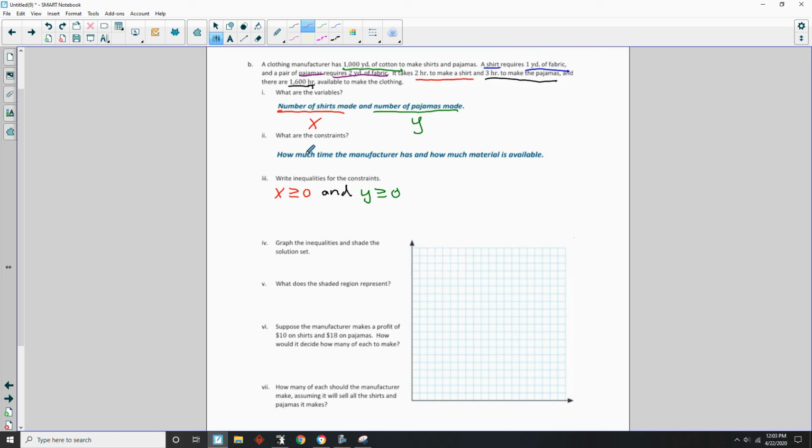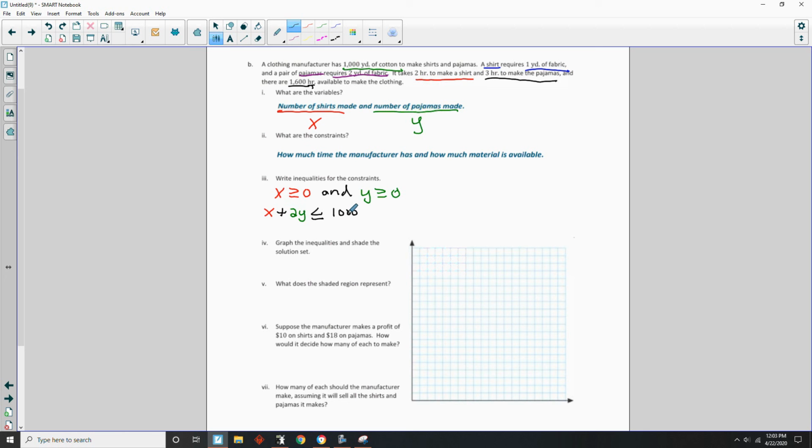Number of shirts is red, X. So 1 yard times the number of shirts made, plus the number of yards to make a pair of pajamas is 2, so that'd be plus 2Y. And our inequality would be less than or equal to our total number of yards, which is 1,000. So 1 yard per shirt plus 2 yards per pair of pajamas has to be less than or equal to 1,000 yards.